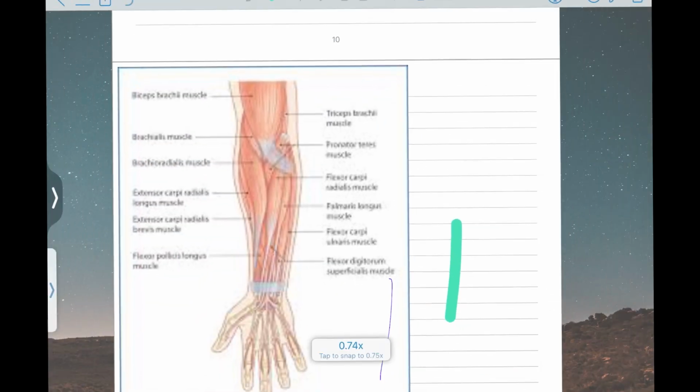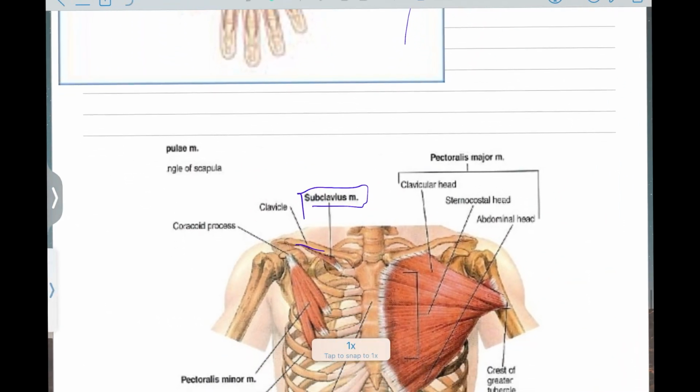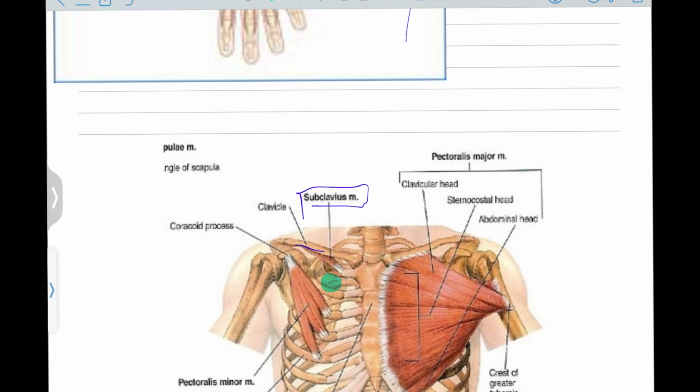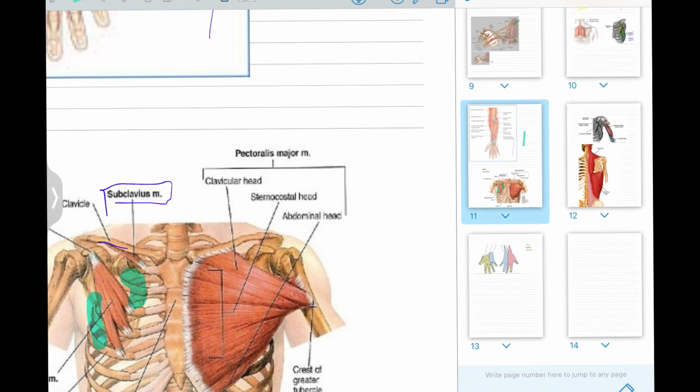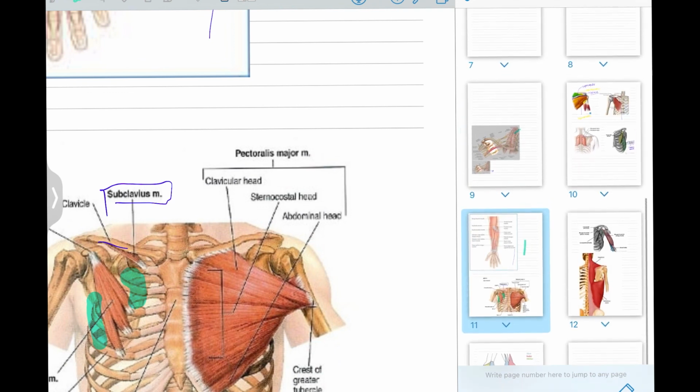See, this is the scapula. On the back side you have seen there is supraspinatus and infraspinatus, but in the anterior region there is the subscapularis muscle. I don't have the picture here, but just imagine it somehow.